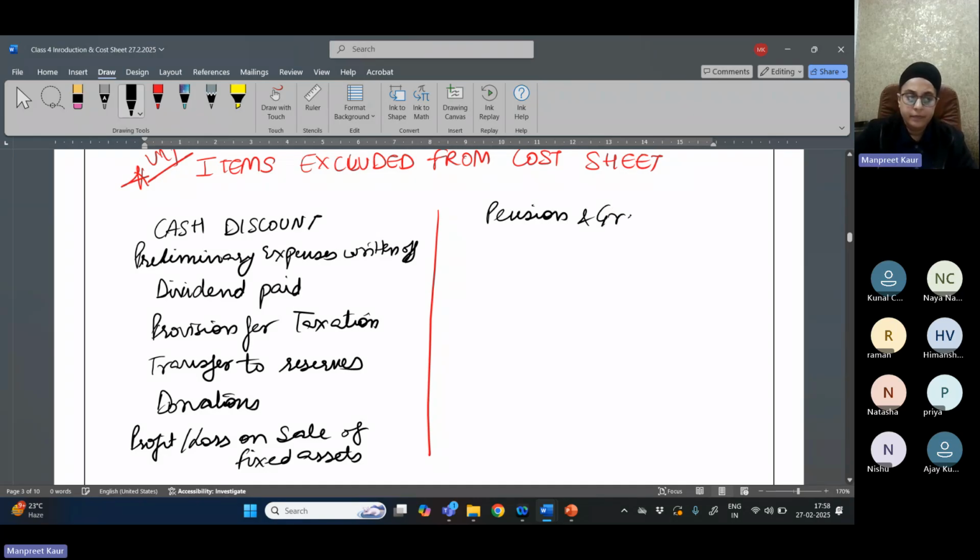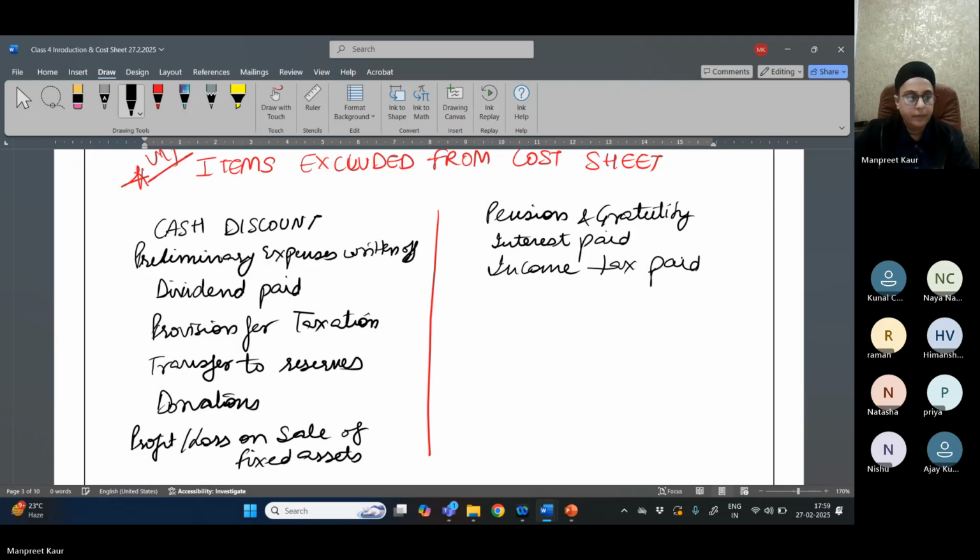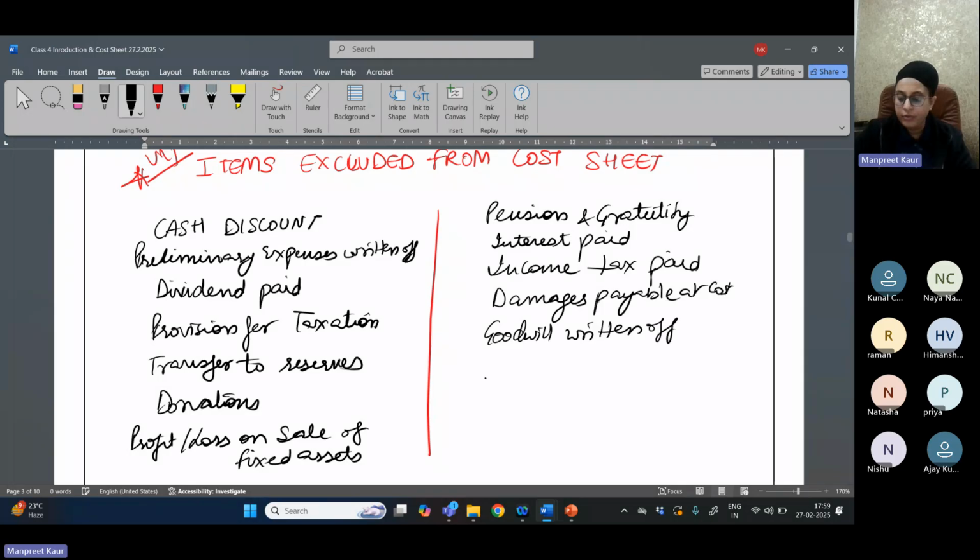Pension and gratuity. Interest paid. Income tax paid. Damages payable at cost. Goodwill written off.